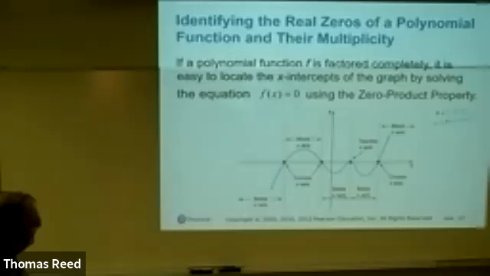Sometimes I use the letter c for being the 0 of a polynomial function. Well, not c. They use r. They use c for something else. As a consequence of this definition, the following statements are equivalent.